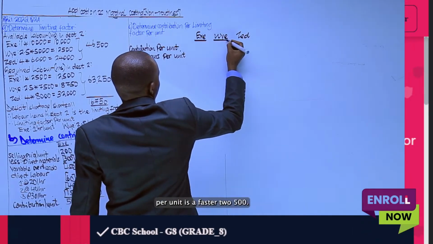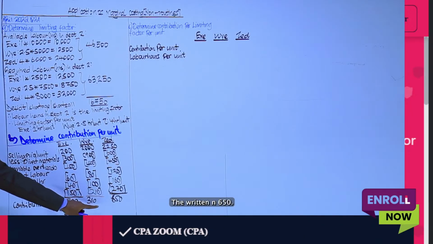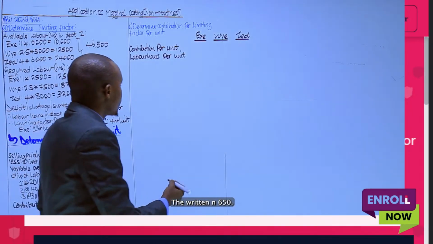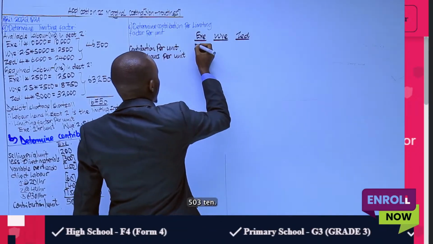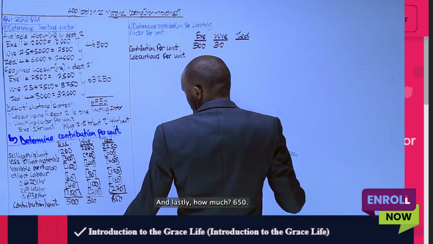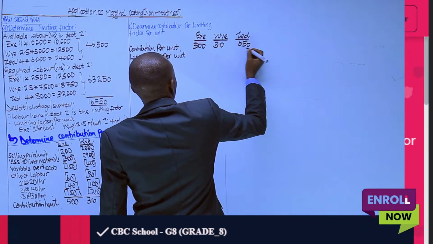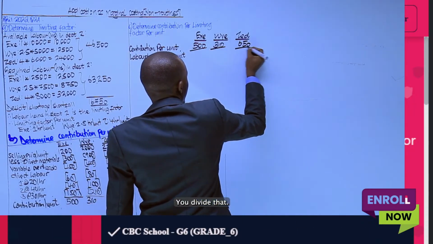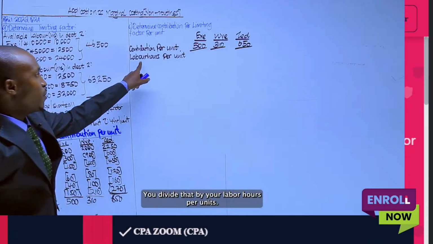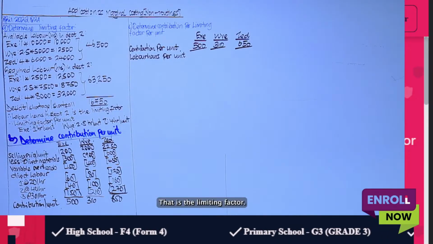The contribution per unit as per step 2 is 500, 310, and lastly 650. You divide that by your labor hours per unit, which is the limiting factor.